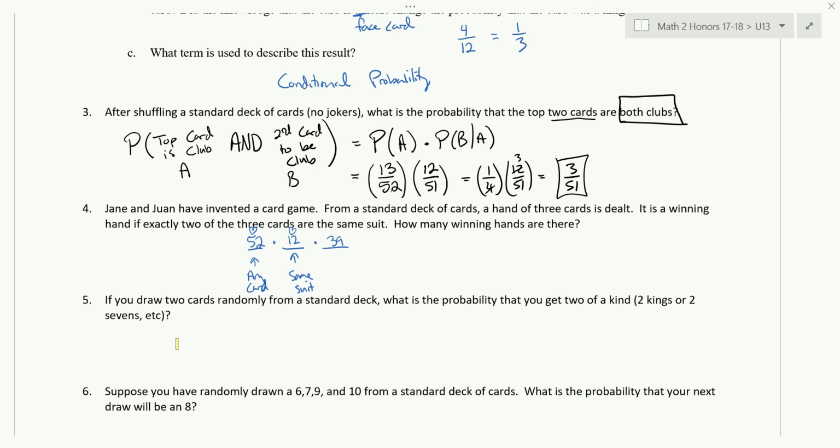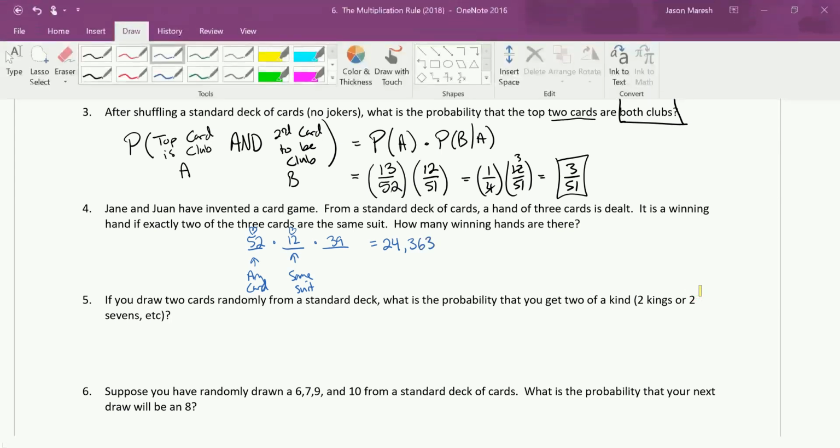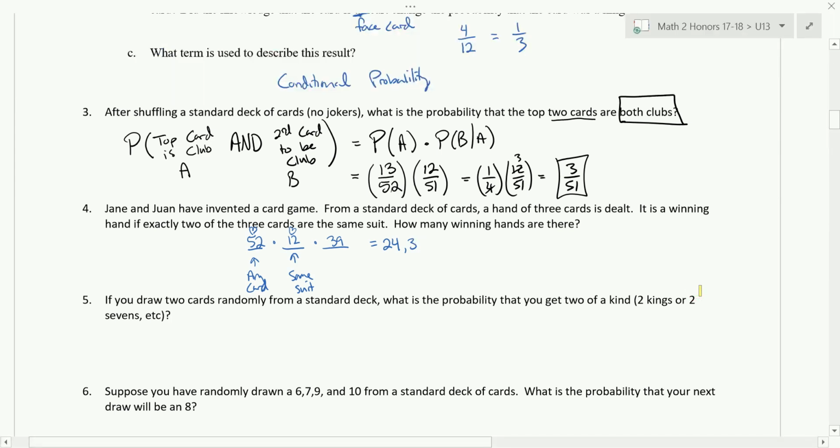And so then that would count that up. 24,336. Oops. Put 63 instead of 36. So 336.